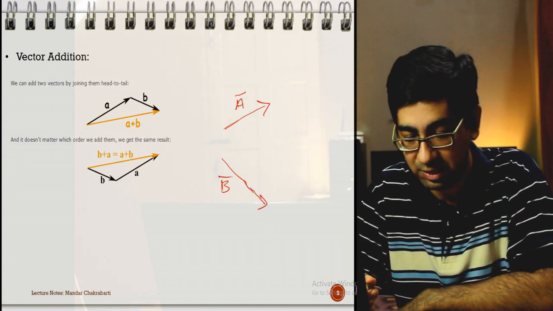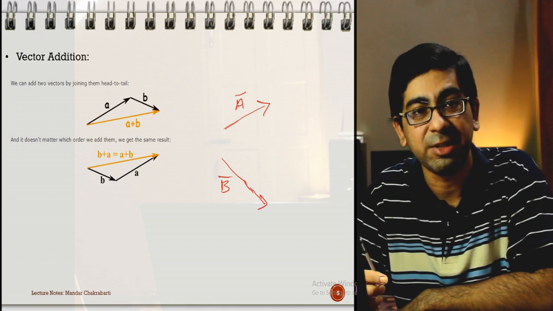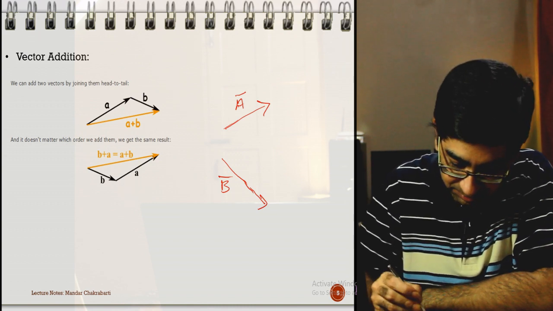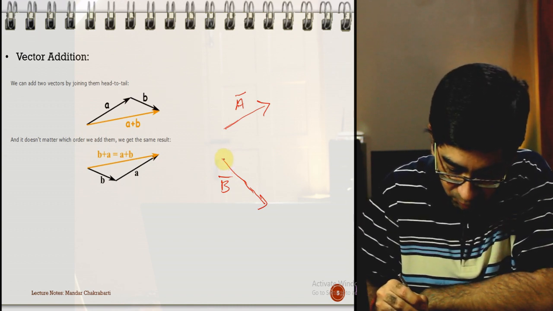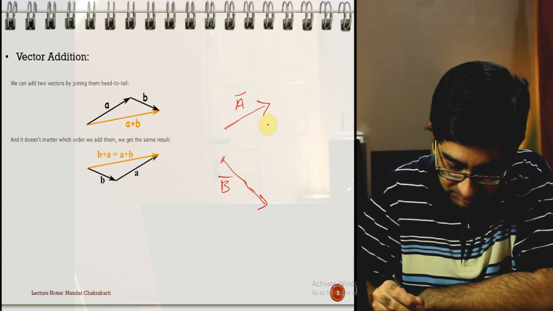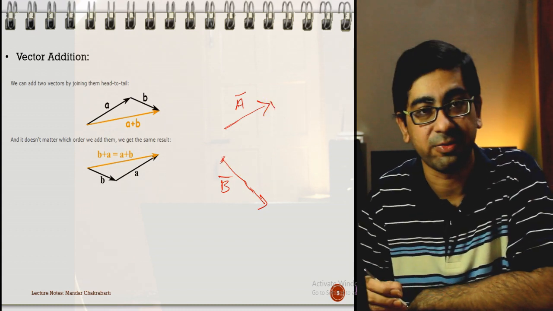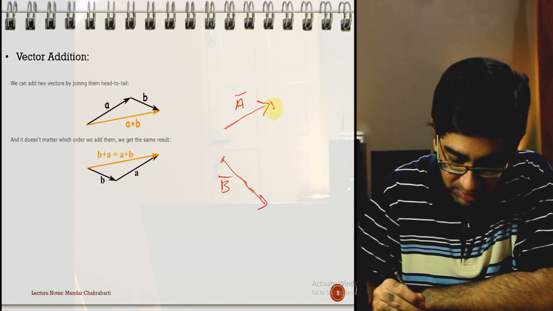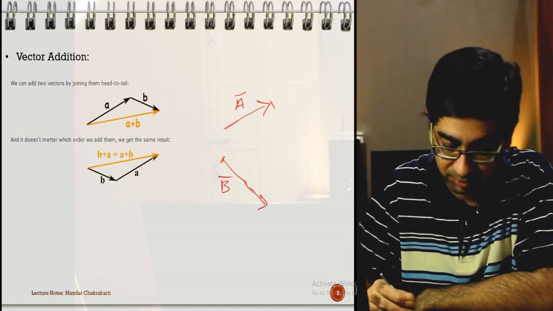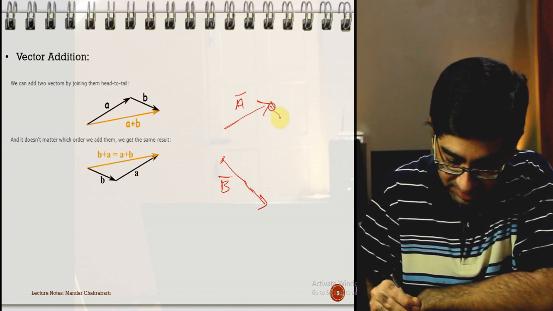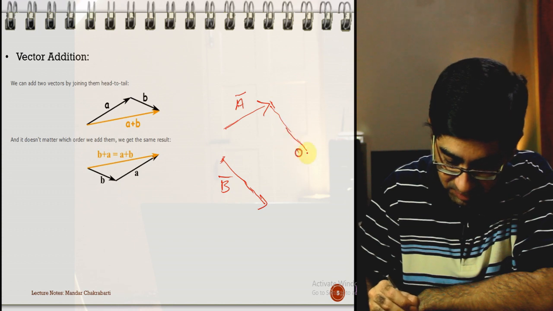Now if I want to take the summation of these two vectors, then I want to join the tail of this with the head of this. So let me laterally shift this vector to this side, and what I get is this.